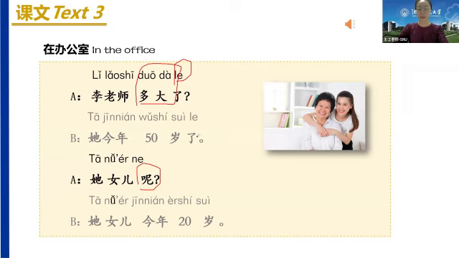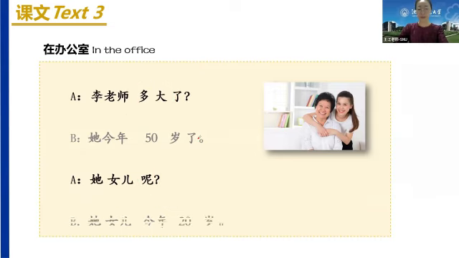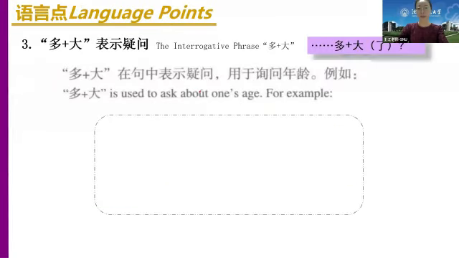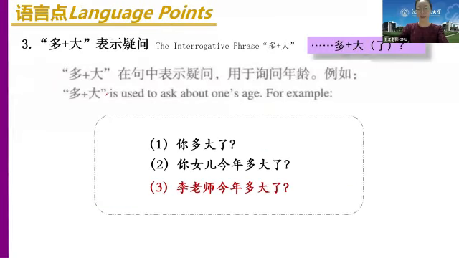So the grammar in text 3 is 多大. 多大 is used to ask about one's age. What is the other way to ask about people's age?